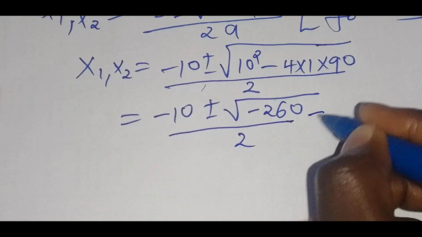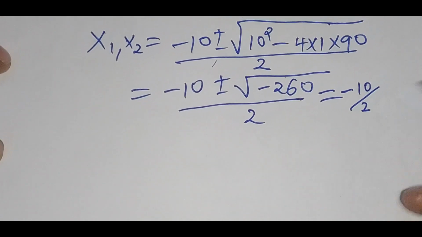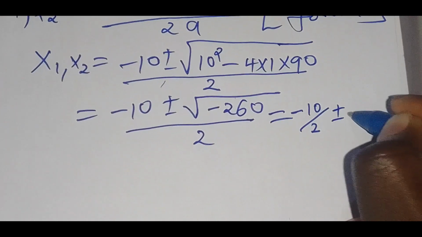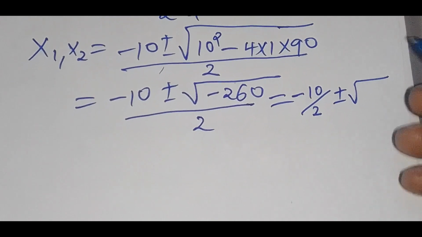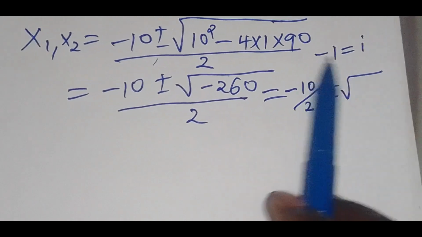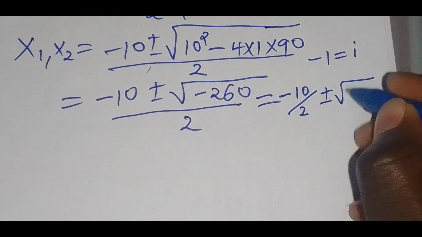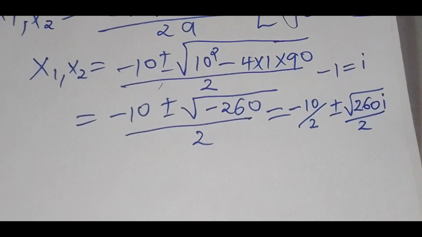So we have minus 10 divided by 2 plus or minus. According to the complex identity rule, the square root of minus 1 is equivalent to i, so we express this as the square root of 260 times i, divided by 2.